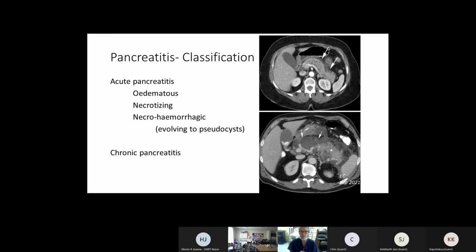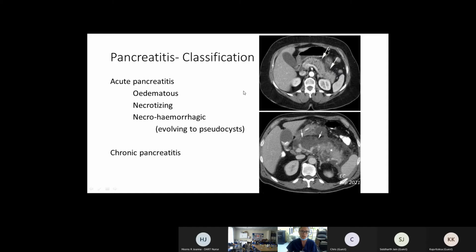So in acute pancreatitis, the simplest form is when it is edematous. And as the name says, it means that the pancreas gets some edema. That's what you can see in the top image here. So there's some edema to the pancreas.